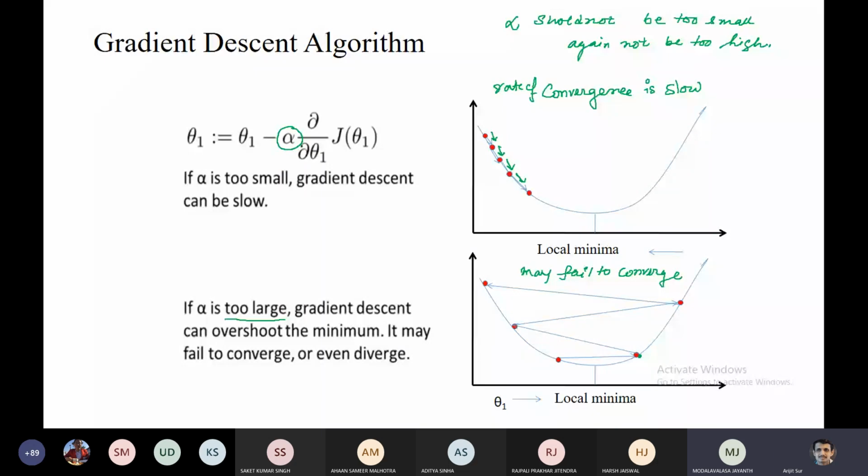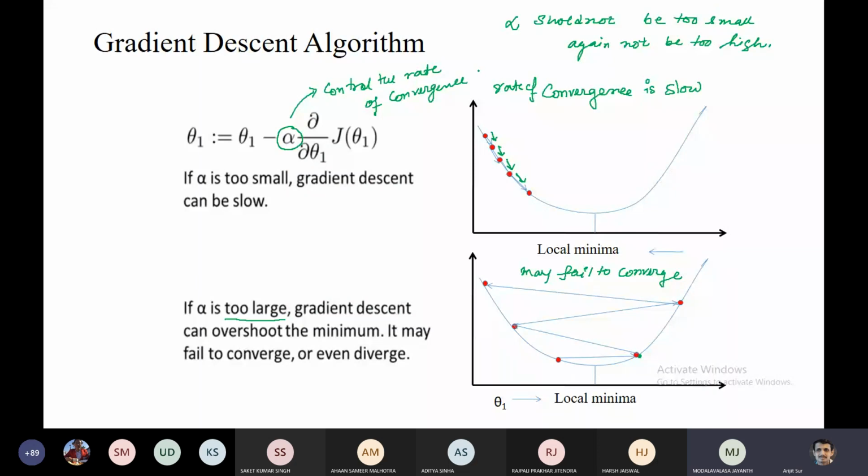I didn't say that. Alpha is the learning rate, that means it controls the rate of convergence. That's all.